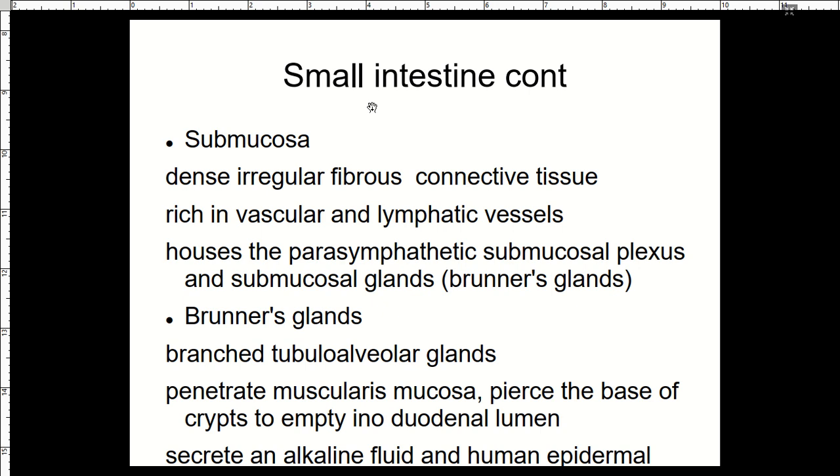These Brunner's glands can also be found in the mucosa and the submucosa of the duodenum. They are branched tubular-alveolar glands which penetrate the muscularis mucosa, pierce the base of the crypts to empty into the duodenal lumen. Their function is to secrete an alkaline fluid, right, that is going to neutralize the chyme coming from the stomach.